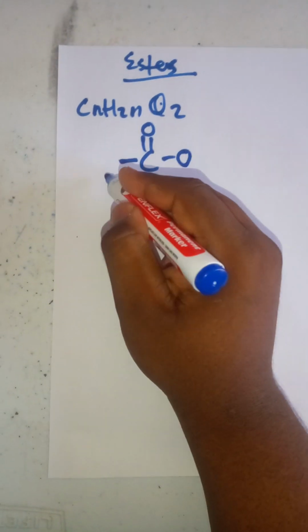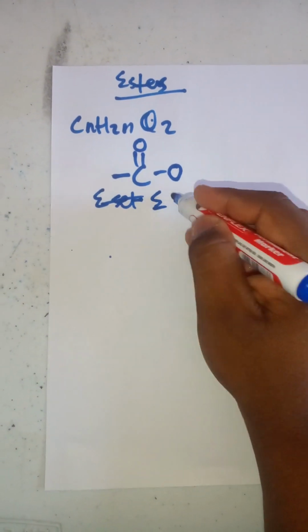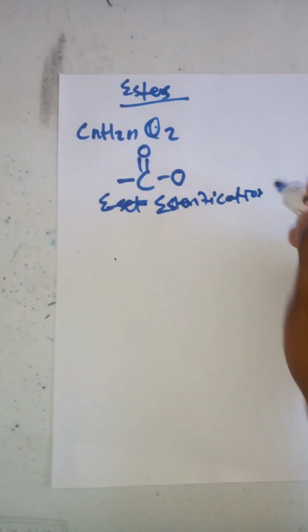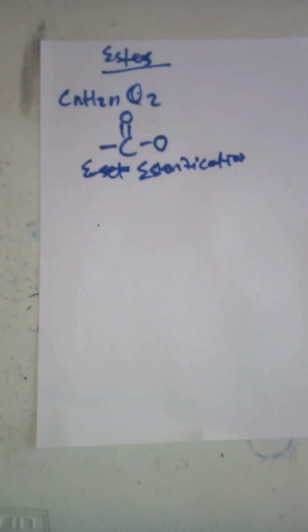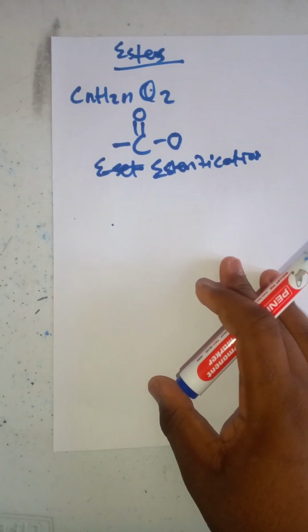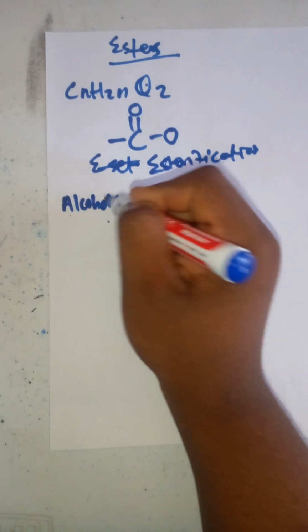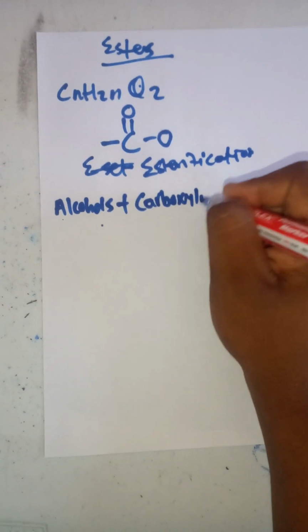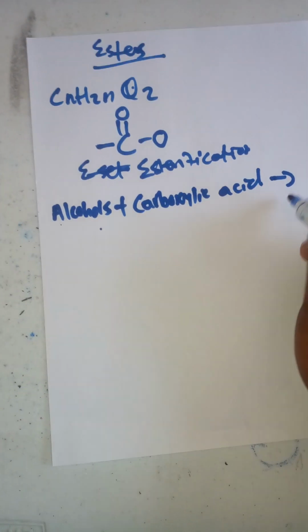So in this case, now we are gonna do the esterification reaction. In the esterification reaction, we are gonna be mixing alcohols and carboxylic acid, so that they can give us what?